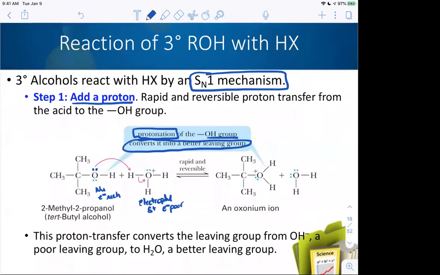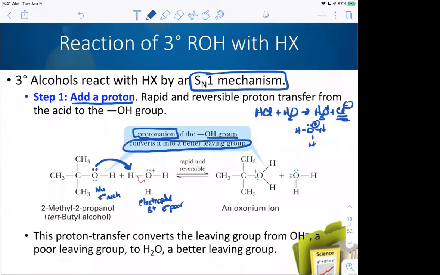OH minus is not a good leaving group, but if I take this and I actually attack the hydronium ion, remember HCl plus water is going to give me H3O plus Cl minus. So this hydronium ion is in solution under these conditions, and then I have my Cl minus, which is going to act as a nucleophile later.